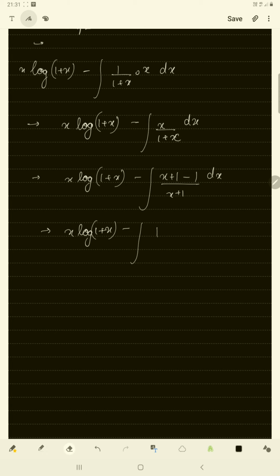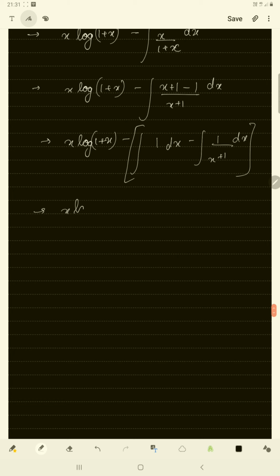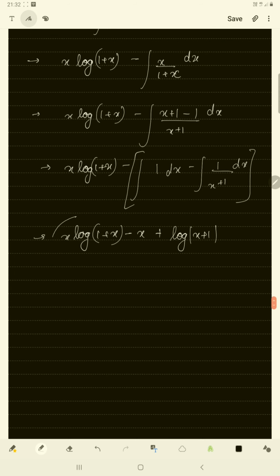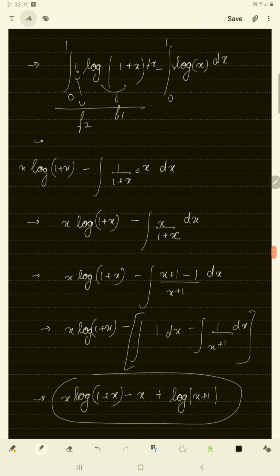Let me write it a bit more clearly: minus 1 upon x plus 1 dx. So we have x log of 1 plus x minus x, and minus and minus gets plus, so we have log of x plus 1. This is the integration of the term we had over here.